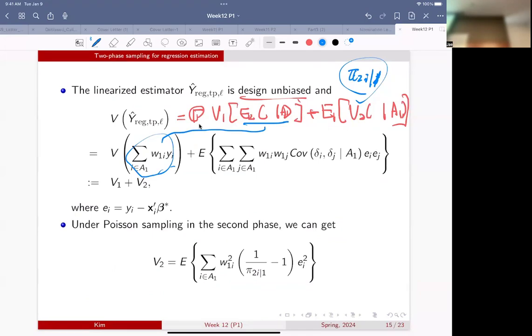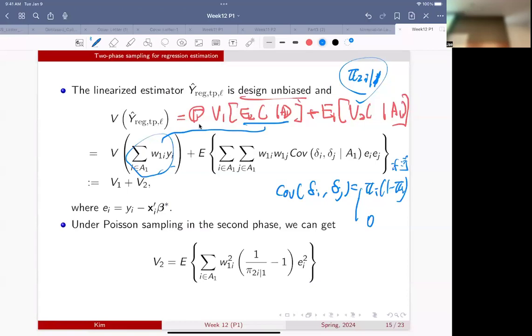If i equal to j, then this one is a square, and delta_i delta_j is more like pi_i times 1 minus pi_i.